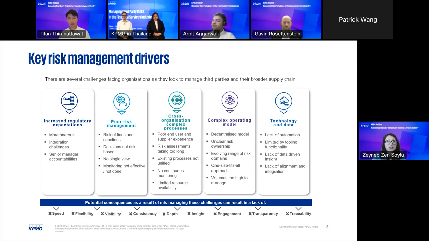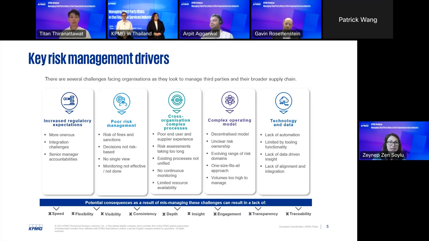We have third-party risk management that touches many disciplines and many different teams in the organizations. It needs to be managed to really benefit from the effectiveness. It needs to be managed across the organization, across different teams, and across complex processes existing as of today.